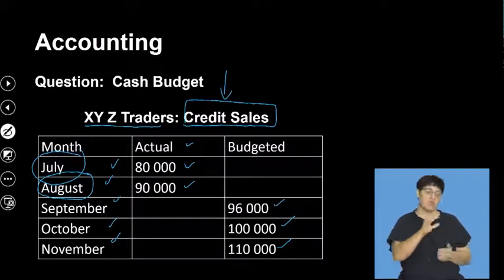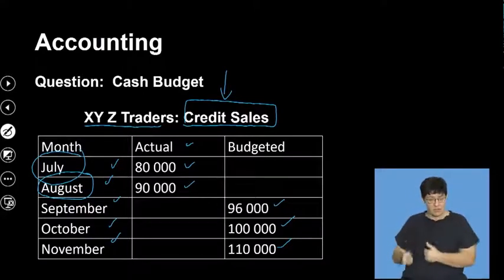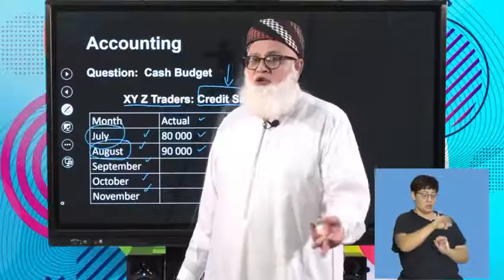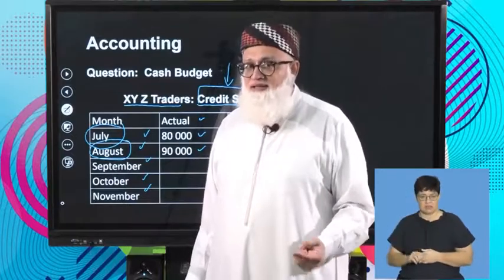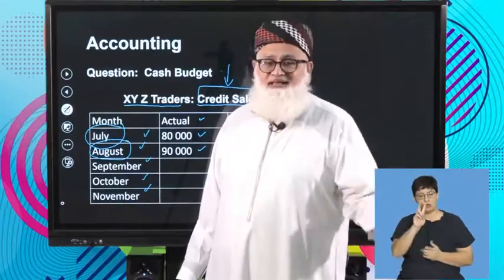So clearly you can see that you need all the months that will impact. Let's just, as an example, take June, right? Will June impact on my budget period? Let's check it out. If I sold in June, some will pay me in June, 50%. Some will pay me in July, 30%. Some will pay me in August, 18%. Right? And obviously I wrote off the other bad debt at the end of that. So my June's credit sale does not impact on my budget period, because June will be June, July, and August. But my budget period is only September, October, and November.